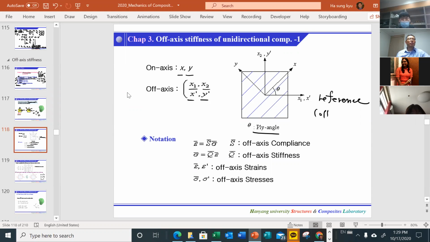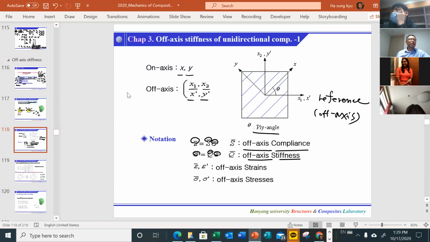So for the stiffness and compliance matrices, stress, and strain in the off axis, we use a bar to indicate different coordinate systems.